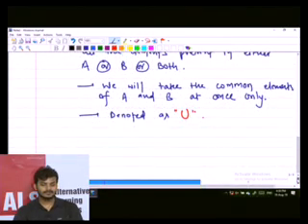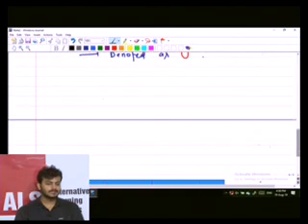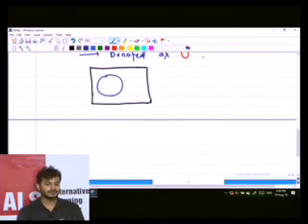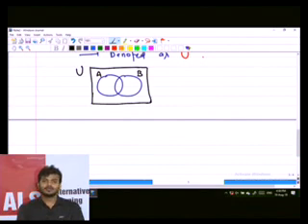Now you see, for any given set, suppose this is the set you have, this is A, this is B, this is the union. So what is the set A union B?